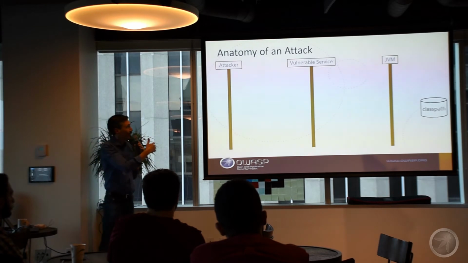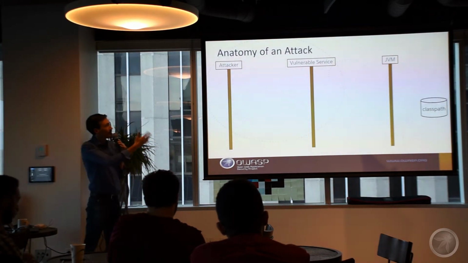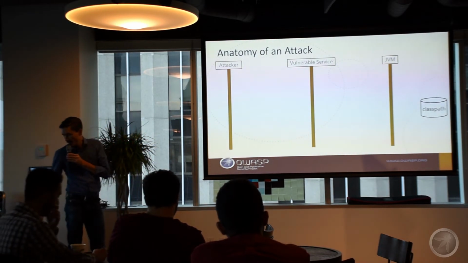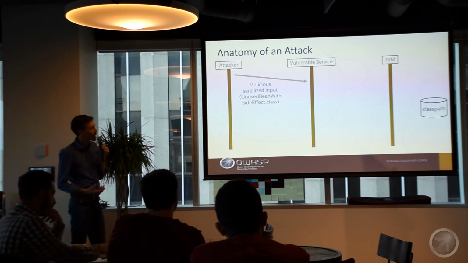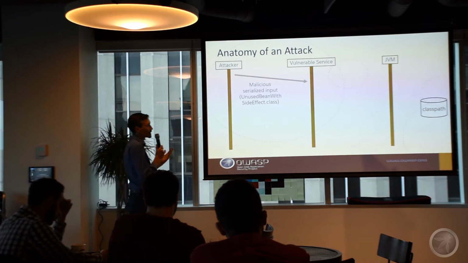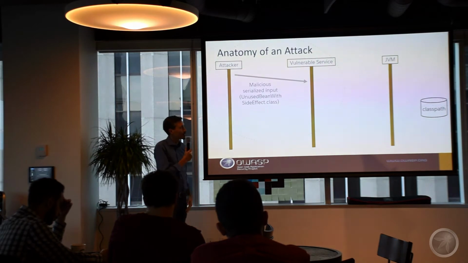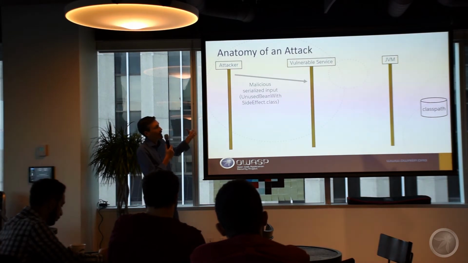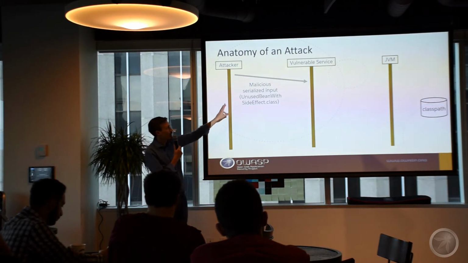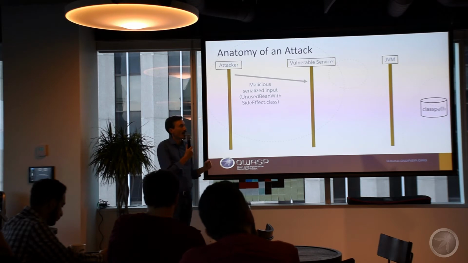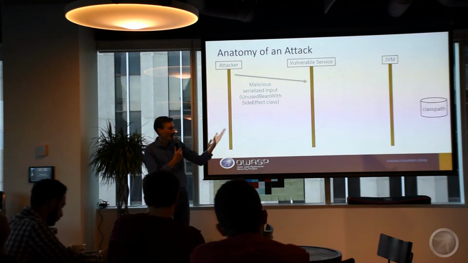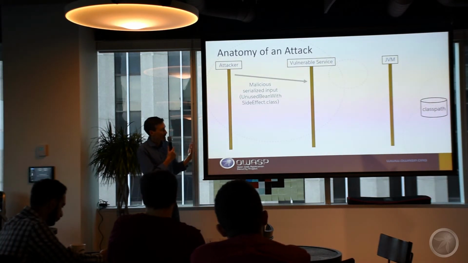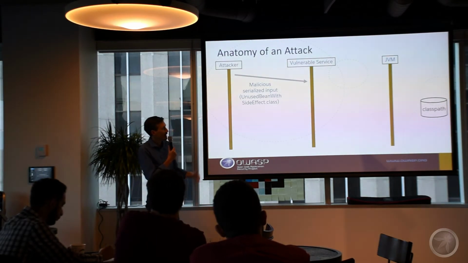So, saying the same thing in a different way. Imagine in the middle we have our vulnerable web application that takes user input and deserializes it. The first step is that the attacker uses his or her own computer and creates an instance of UnusedBeanWithSideEffects, either because they are guessing we have that class available on the server, or maybe it's open source and they did an audit and found this class.